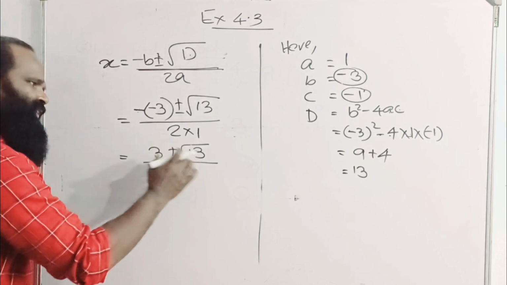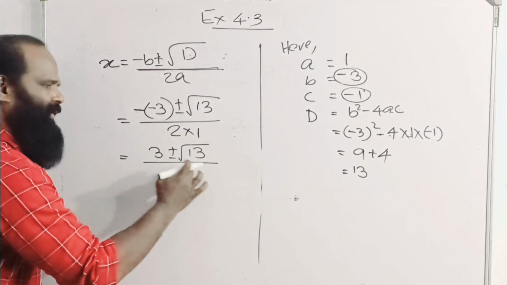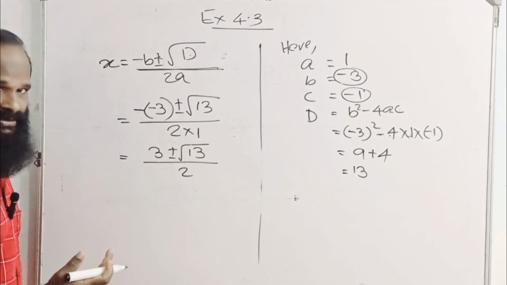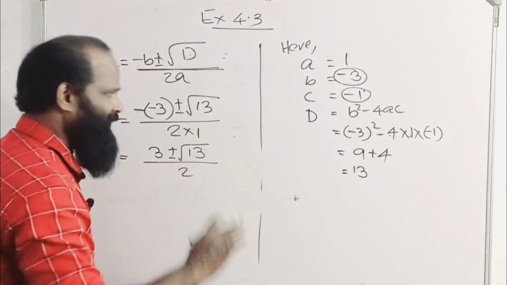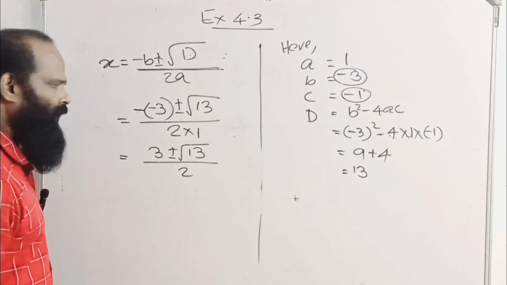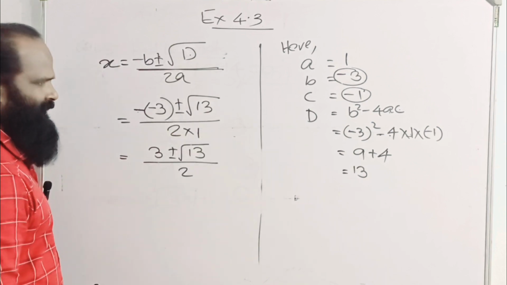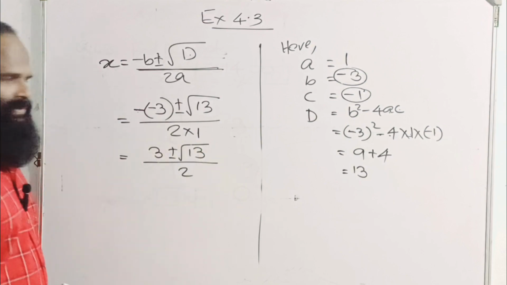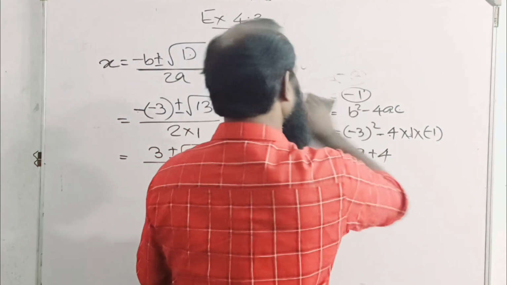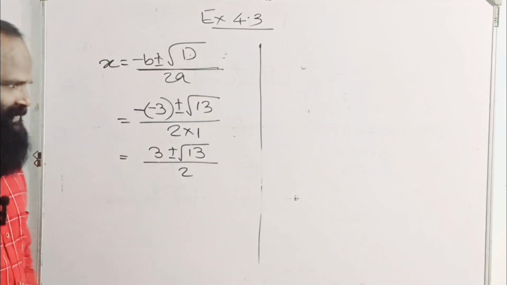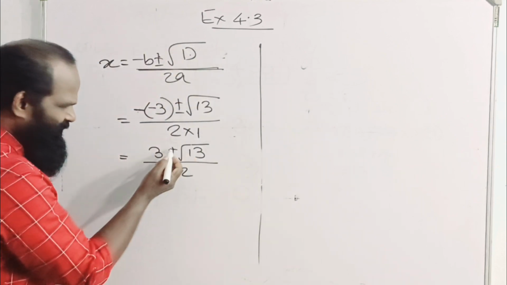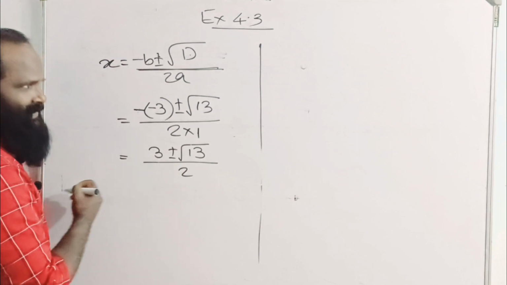The operation is somewhat finished. We have no number here other than root 13, because 13 does not have a perfect square root, so we are helpless to find the square root. All that we can do is keep root 13 as it is, so that we can separate plus and minus.